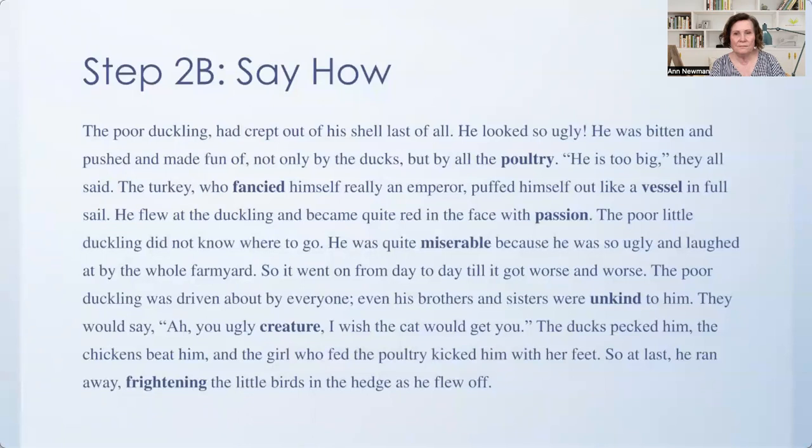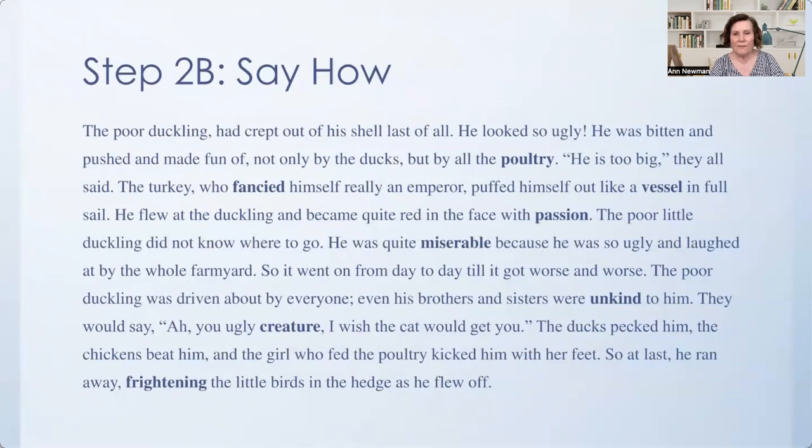My next sentence is, he flew at the duckling and became quite red in the face with passion. Okay, he flew at him, got up close to him. He has a red face. Oh, so general idea, he must be what? If he is red in the face and he's got up close to him, he's probably angry.